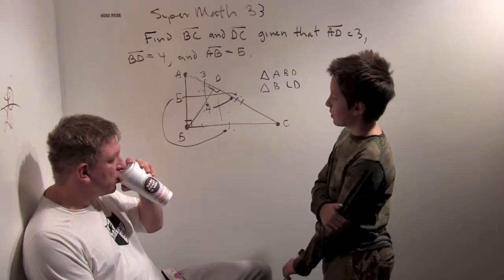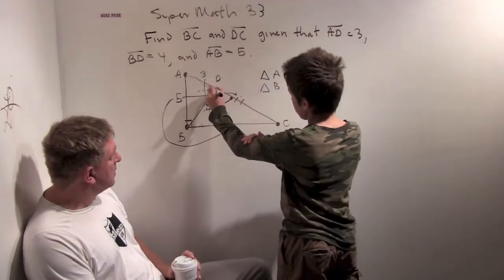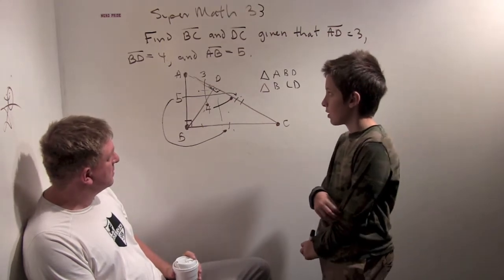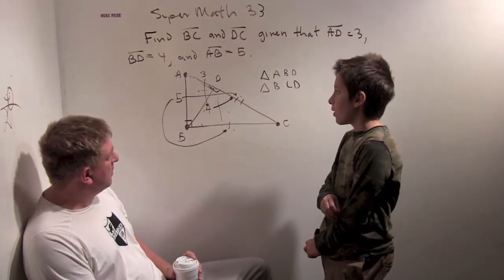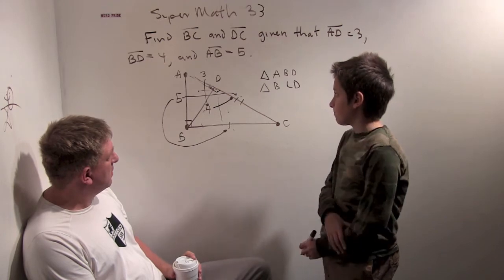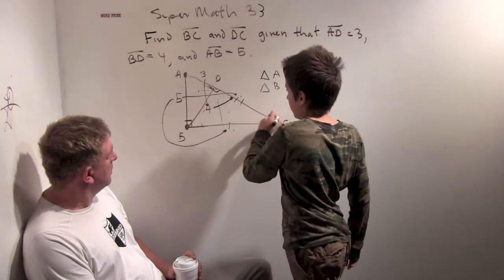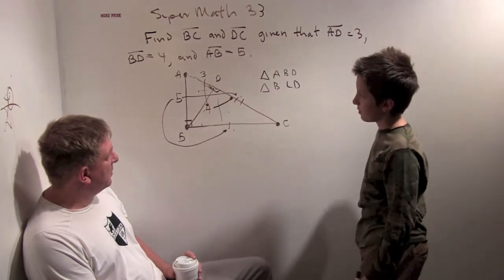Well, we already have these two angles that are the same. Okay. We do have a big right triangle that we haven't used yet. Ah, interesting.